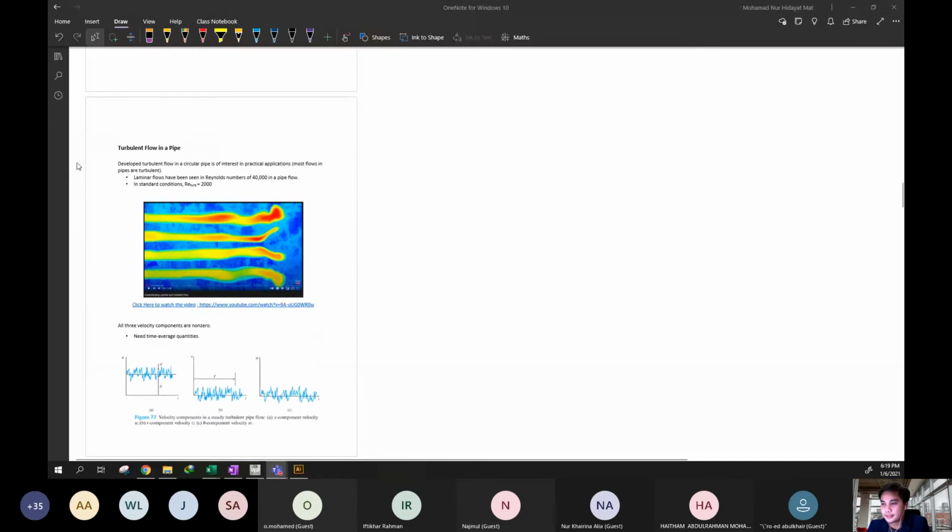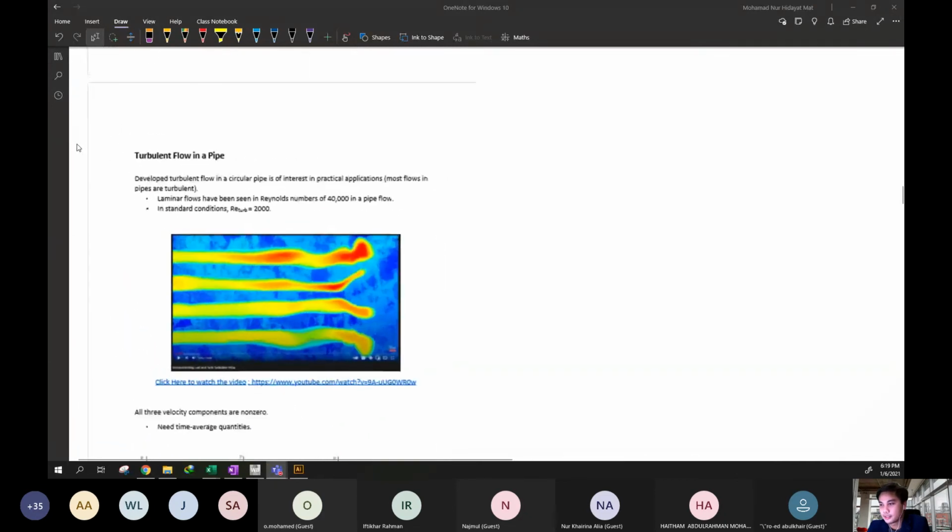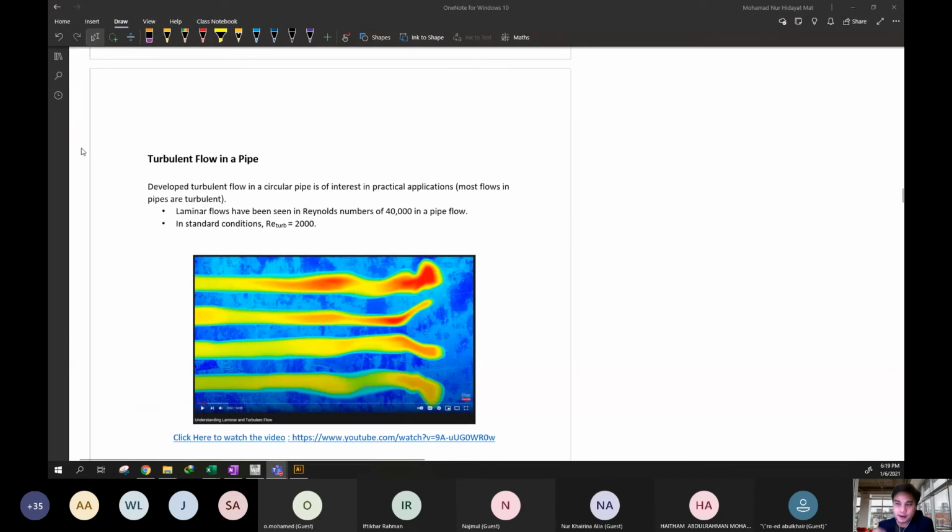Okay, let's finish early. I want to cover turbulent flow. Basically, this part is more on the theory. I prefer to work on examples of how to calculate the major and minor losses.